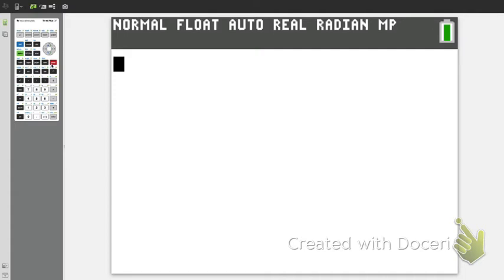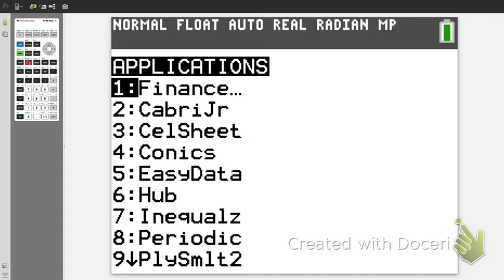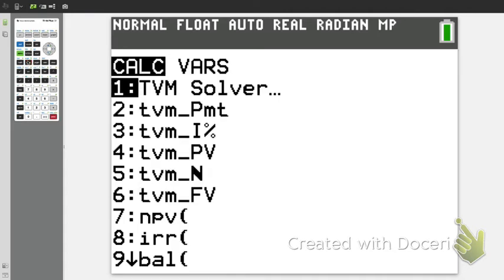So this is where we use that other command in our finance section. So under apps, where's my mouse? There we go. All right, so under apps and finance, instead of choosing our solver, this is where we go down. We want to find the effective rate.